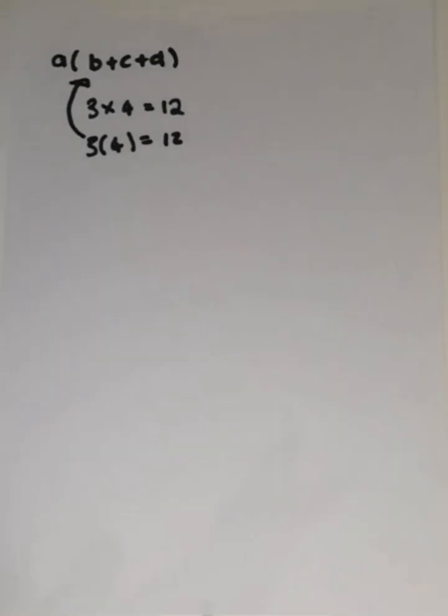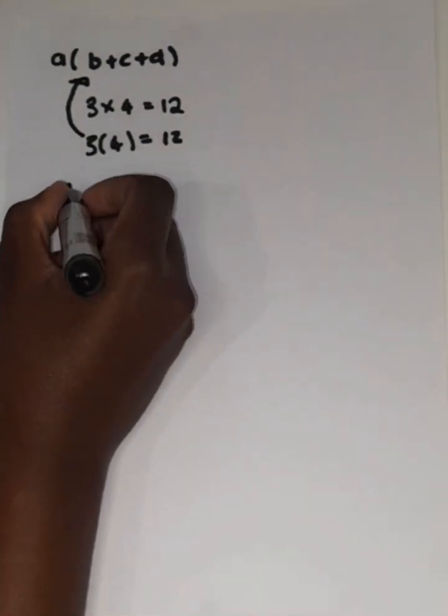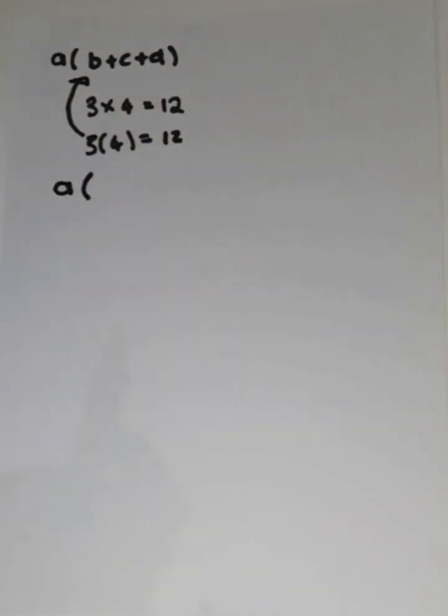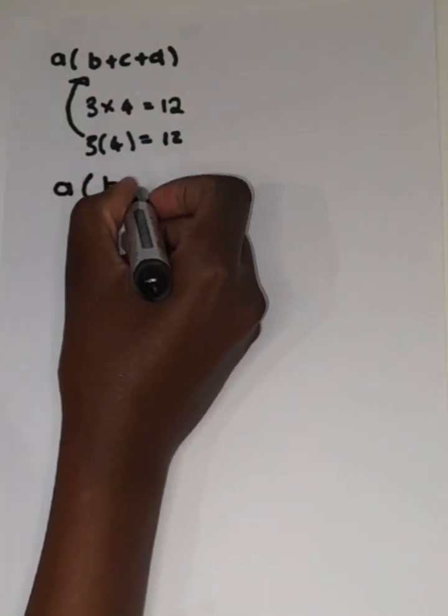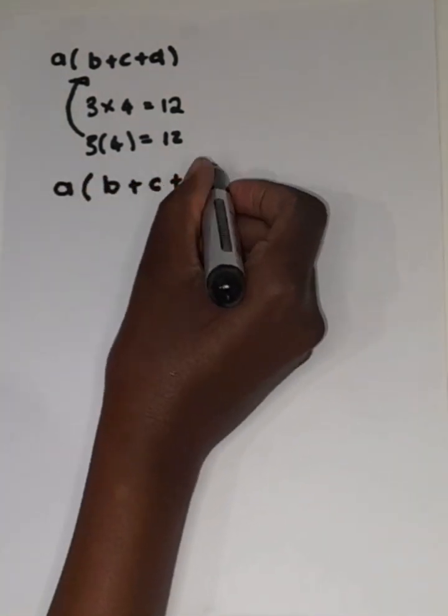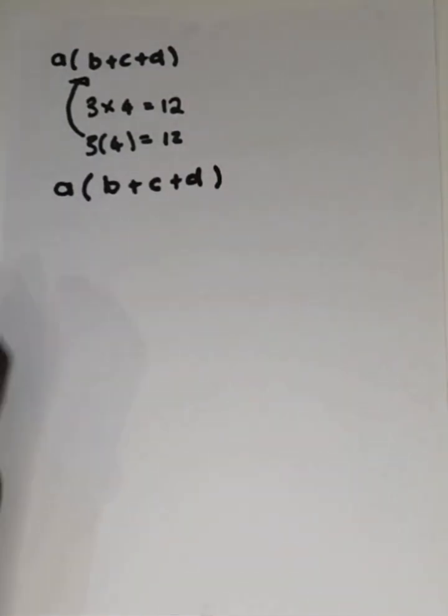So this tells us that this 3 is multiplying each and everything inside this bracket. Let us go back to our A into B plus C plus D. This is trying to tell us that this A is going to multiply each and every term inside the brackets, so we have B plus C plus D. There are many ways to write this.